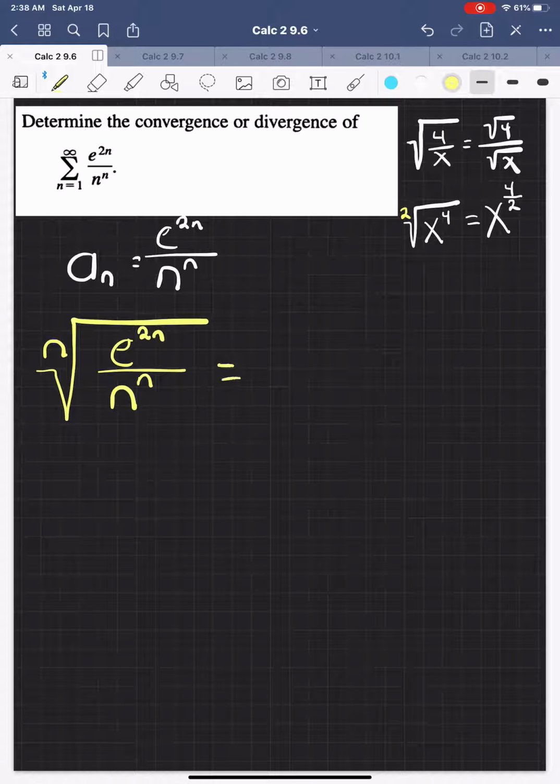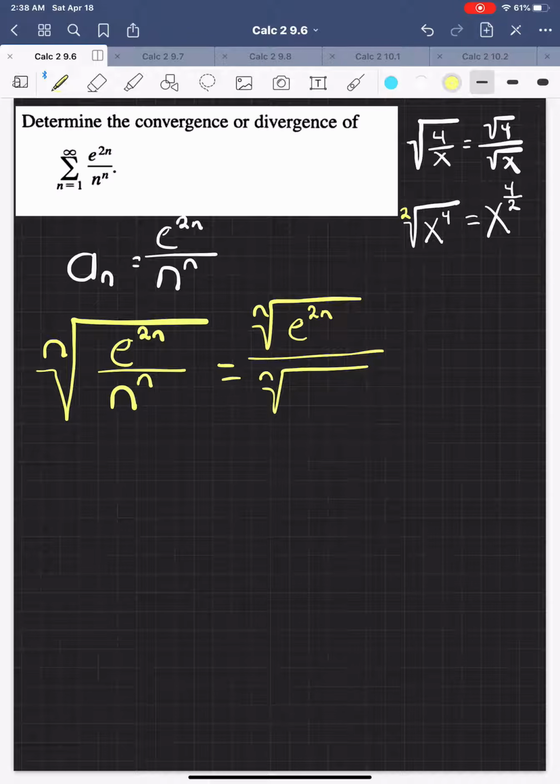First, let's write the nth root of e to the 2n over the nth root of n to the power of n. Then, just like you can take your index and divide it by the exponent, we're going to do the same thing here.